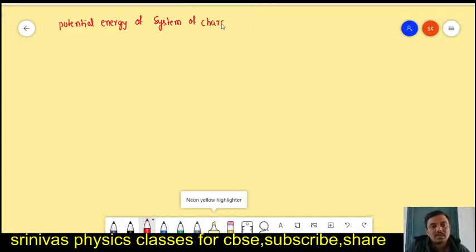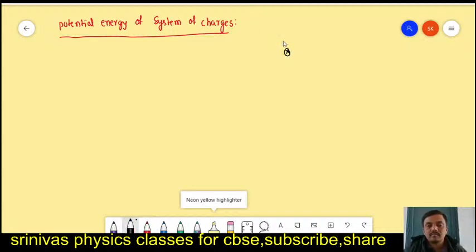If more than two charges are there, how do we find the potential energy? It is very simple. We will take three charges here: Q1 charge here, Q2 charge here, Q3 charge here.